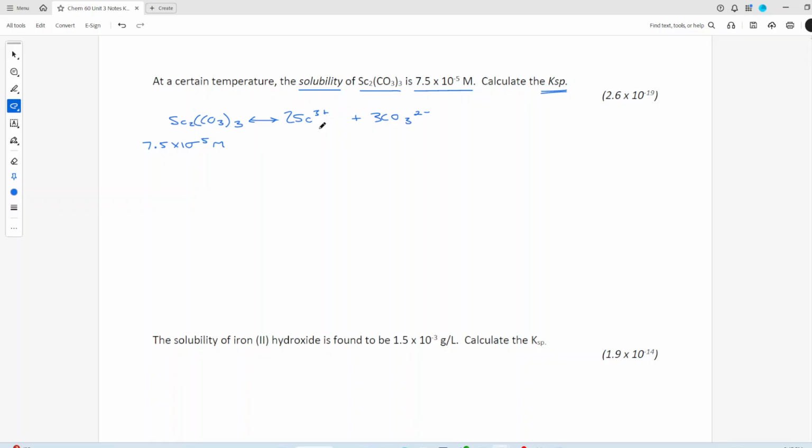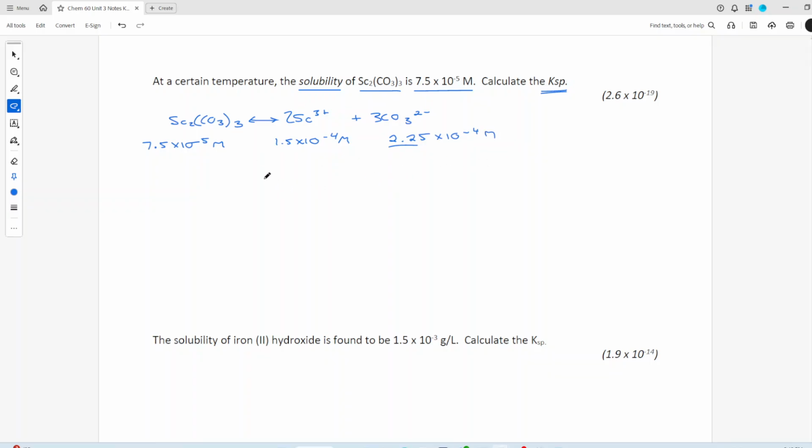So 7.5 times 10 to the negative 5 times 2, which would be 1.5 times 10 to the negative 4, or 0.00015, whatever you're more comfortable with. And then the concentration of carbonate would be 7.5 times 10 to the negative 5 times 3, which would be 2.25. Remember, we're just keeping 2 sig figs, but we don't want to round, times 10 to the negative 4.